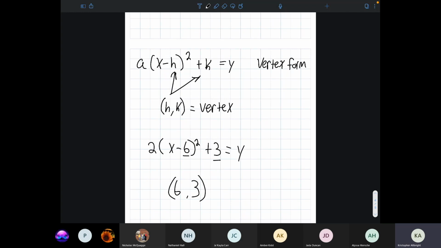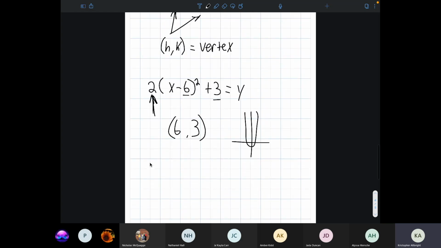So if we continue looking at vertex form, if a is a whole number, so 2 here, and bigger than 1, so not -1, 0, or 1, then it's going to become skinny.